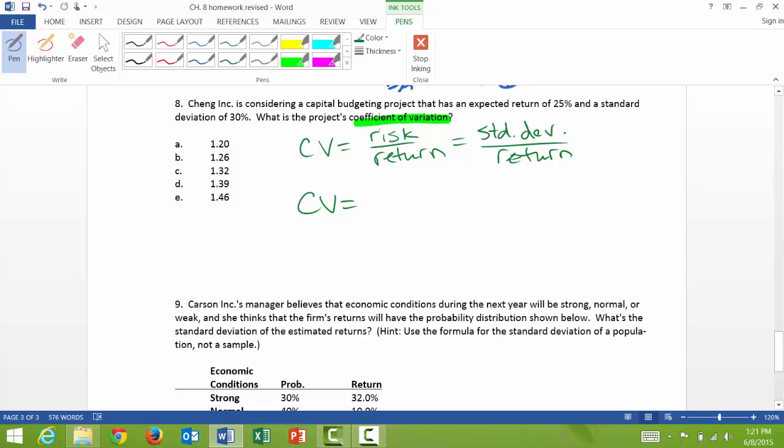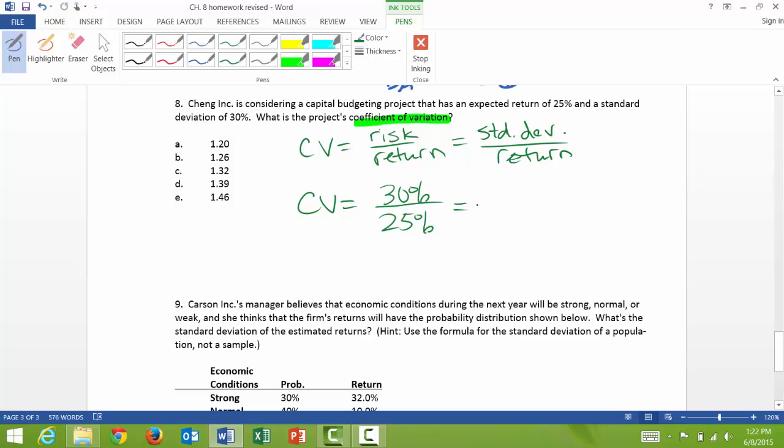So Ching Inc. is considering a capital budgeting project that has an expected return of 25%. So I know that 25% goes here, and a standard deviation of 30%. So I know 30% is the risk, and it goes up there.